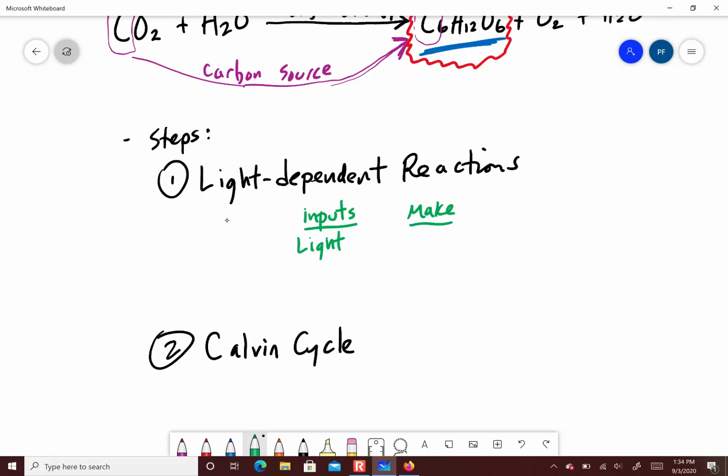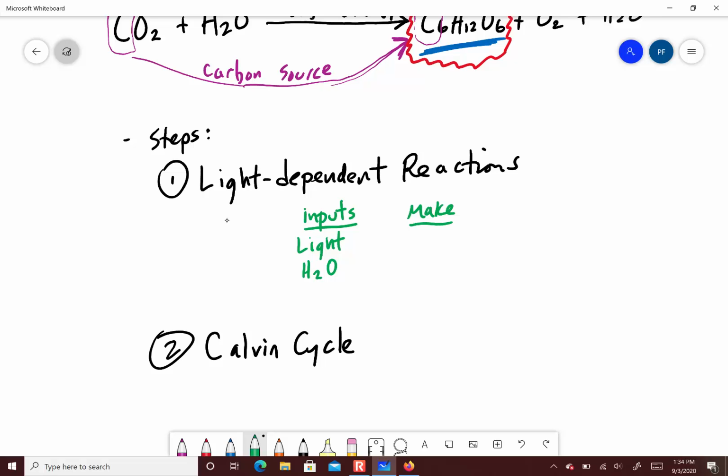Sunlight, it's light dependent. We got to have sunlight to do this. Hey, we got to have water. Those are really the only two things. Now, technically, if you look at this on a biochemical level, there's a million things we need. But just generically, what's the plant going to need to be able to do the light-dependent reactions? It's light and it's H2O.